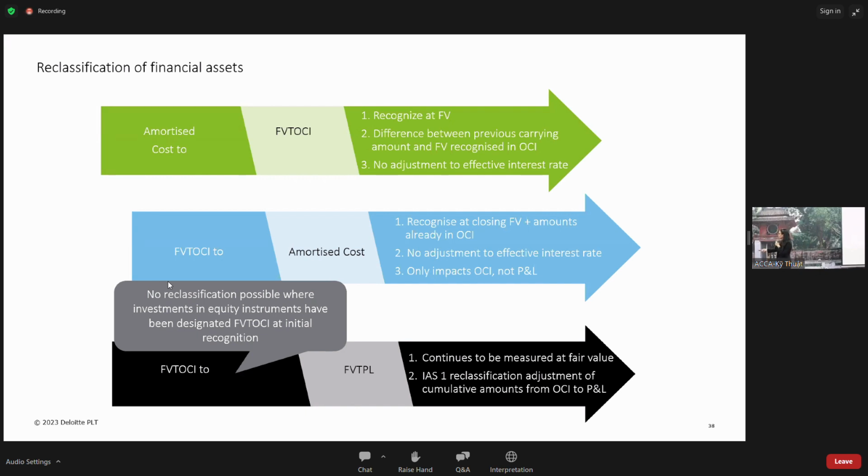Because it's at fair value, it continues as fair value. Then for this reclassification, this is what we call the recycling effect. The cumulative amount in the OCI will now recycle and flush to the P&L.